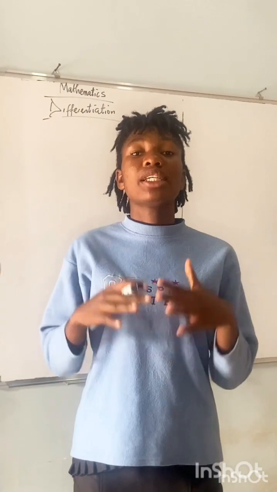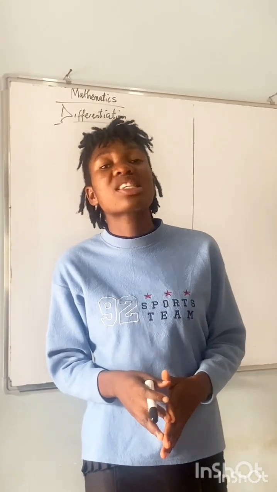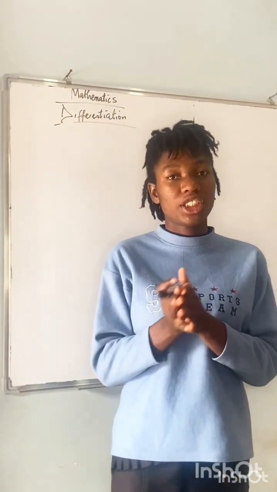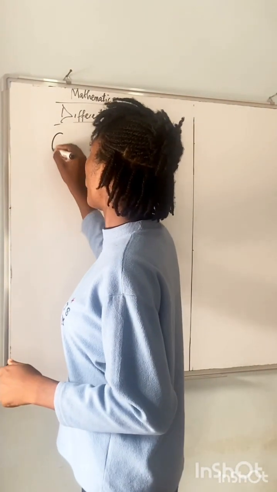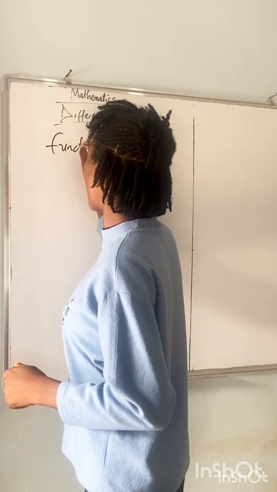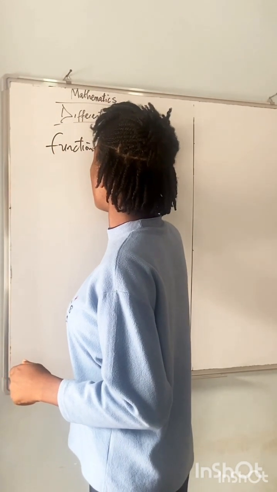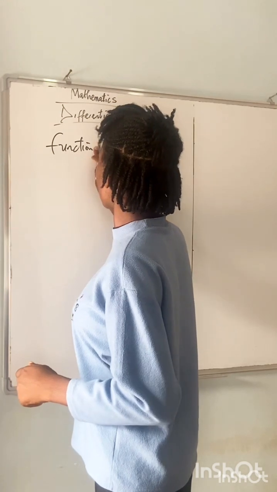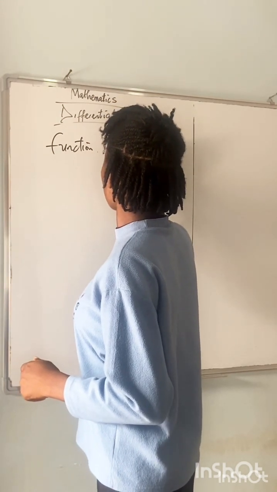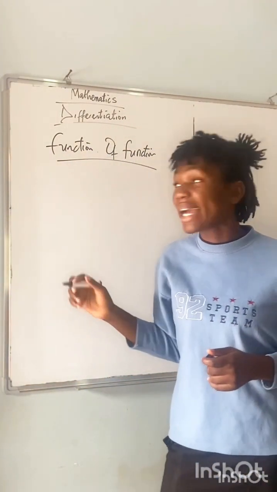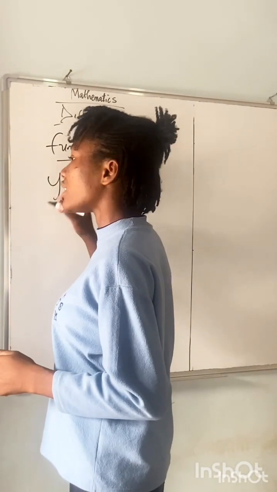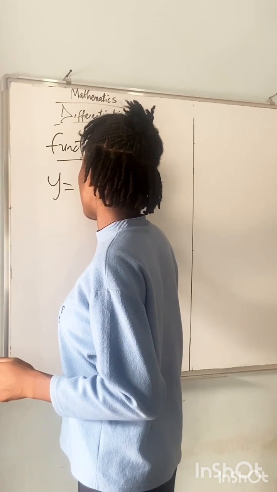Now in this video I'm going to be showing us how we can differentiate using our chain rule, also called our functions of functions. In this case, our y is a function of an expression that has a power.